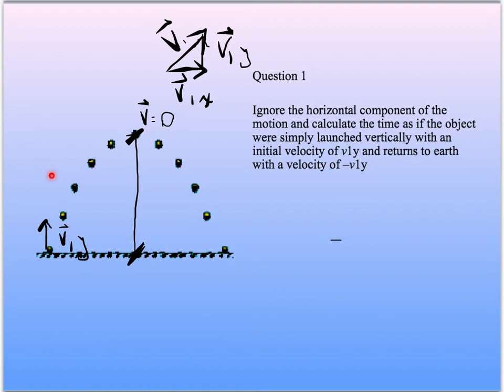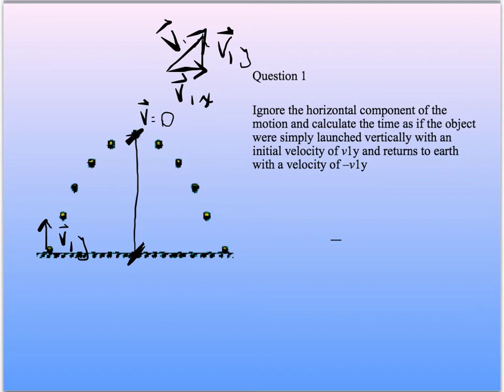And another second goes by, and you're going now 20 minus another 10 meters a second. So after 2 seconds, you're only going 10 meters a second. And after 3, you're going 0, because you've just lost another 10 meters per second. After 3 seconds, your velocity is 0. Because your velocity is 0, you're no longer traveling upward, and that means you've reached the peak.